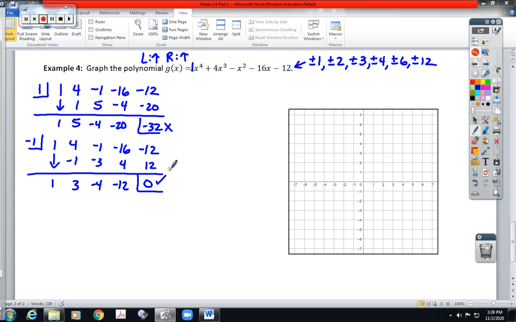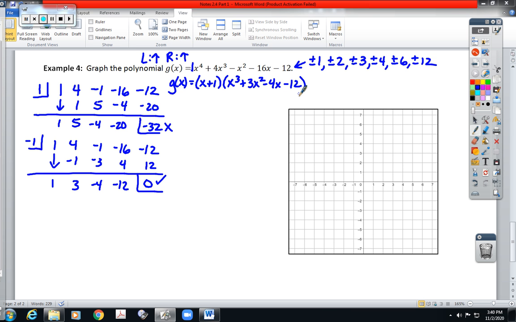So, g of x factors into x plus 1, because negative 1 is in the box, which means x minus negative 1, which would be x plus 1. And then we have this depressed polynomial, is what this is called, x cubed plus 3x squared minus 4x minus 12.